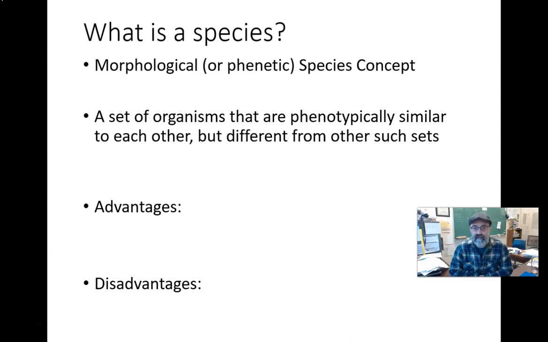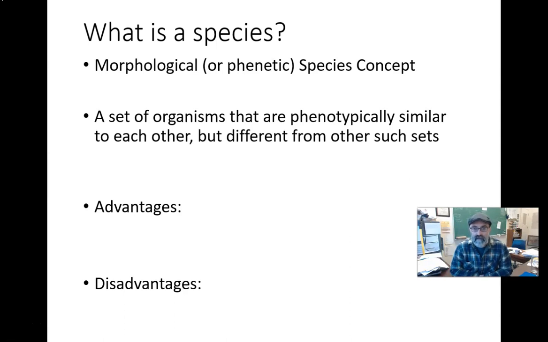Some disadvantages: this is a very subjective type of concept, in that somebody asked the other day in class, how different do you need to be different? This is a constant battle in the application of the morphological species concept.